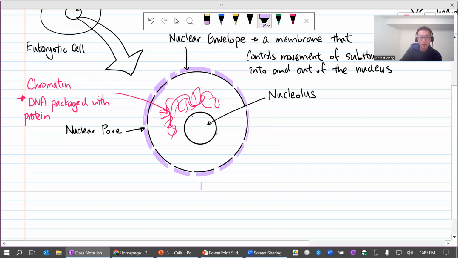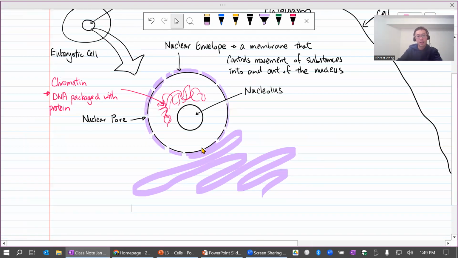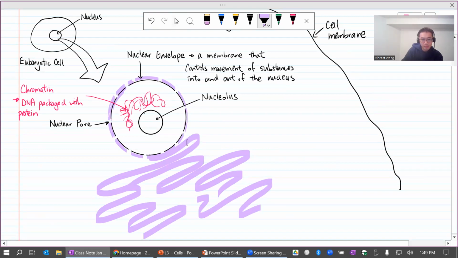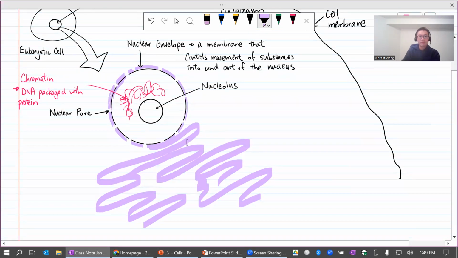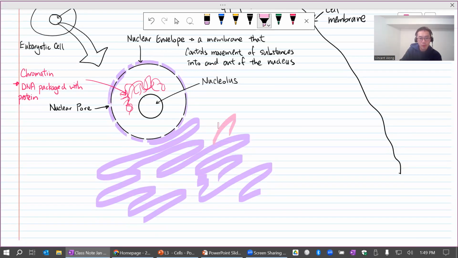The nuclear envelope will actually continue to expand outward into the cytoplasm, and it will form networks like this. And then there are even more networks further out.